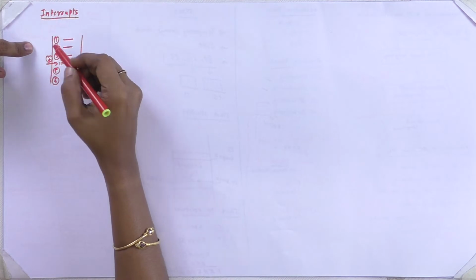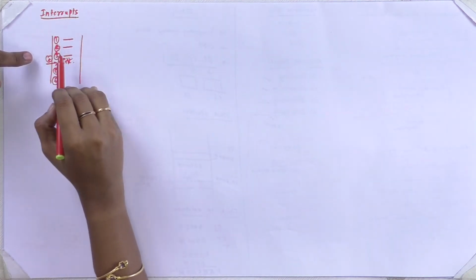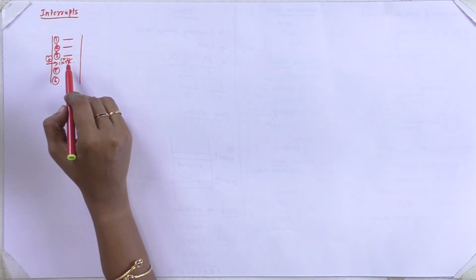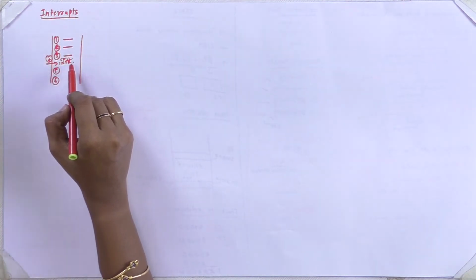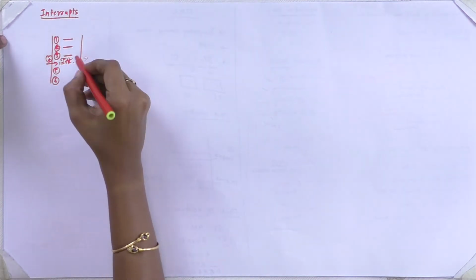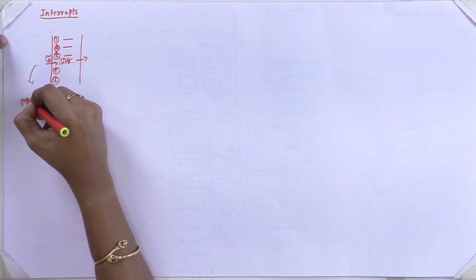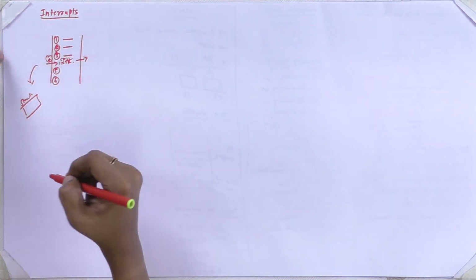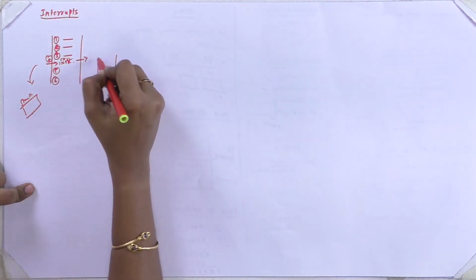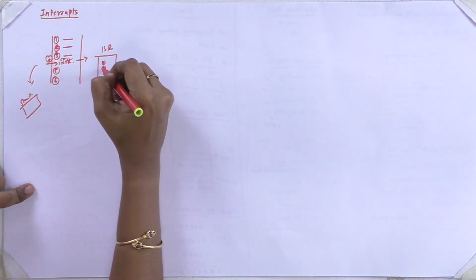Schematically we can represent this as: first instruction executed, second instruction executed, third instruction executed, and in the fourth instruction there is a call instruction. So it is a type of interrupt to the processor. Your processor will save all the register contents to the stack, the temporary storage area, and it will start executing a new set of programs called the interrupt service routine.